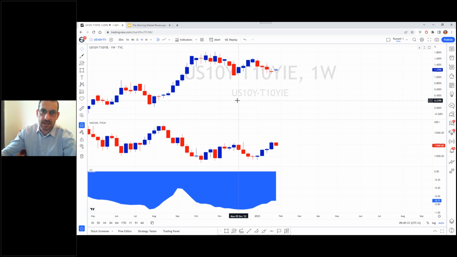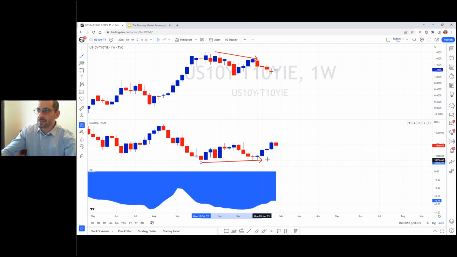And in this case, it does make underlying sense because the NASDAQ is a growth index, and growth stocks are very sensitive to interest rates. So the fact that we're seeing interest rates moving downwards, well, no surprise, we're seeing the NASDAQ move up. So there's the inverse correlation.